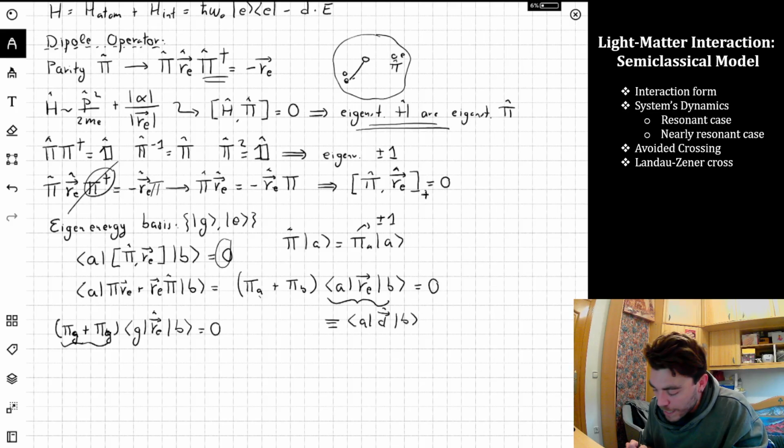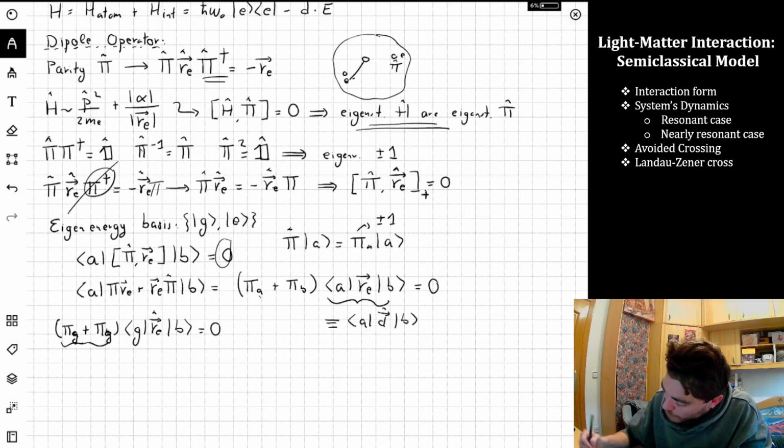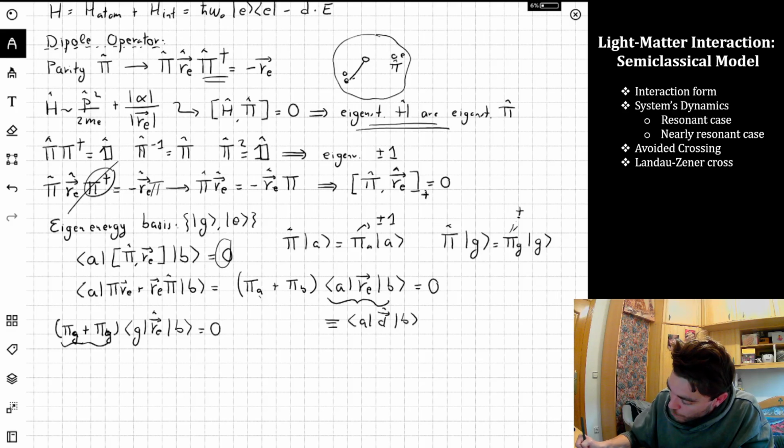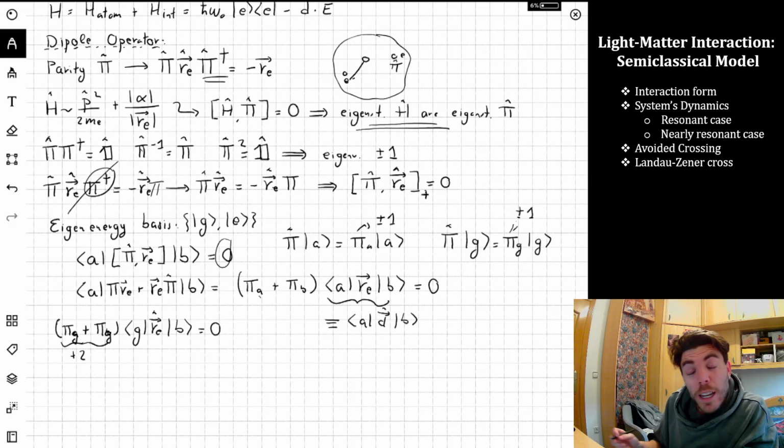And what I mean by that is the eigenvalue associated with the ground state. So pi applied on the ground state will give me pi G applied on the ground state. And this pi G could be plus or minus 1 depending on the exact atom that one has. But if I sum plus 1 to plus 1, I get plus 2 and it's not 0. And if I sum minus 1 and minus 1, then I get minus 2 and it's not 0.